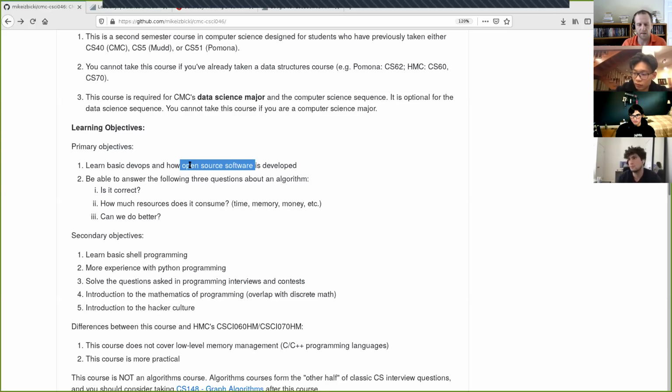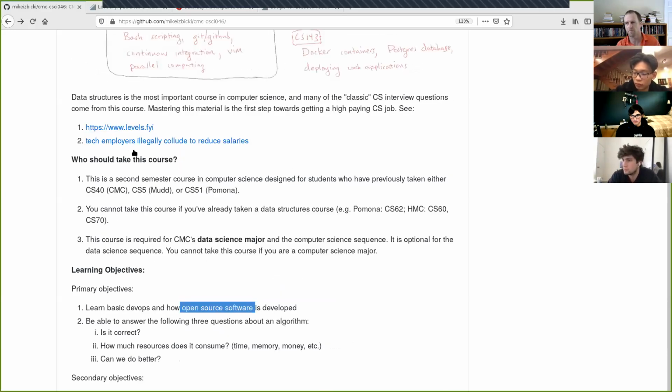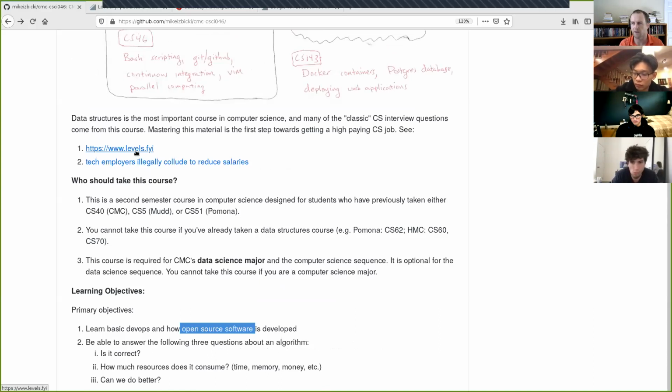But the other part is that all of these jobs, where you're making a lot of money, $188,000 a year as a starting salary, one of the ways that you get hired at these jobs is you have open source software that companies can look at and say, hey, I know this person can complete the tasks that I want them to because they've already done it in their open source code. And so by structuring this course around open source software, my hope and my experience from past students is that this gives you a leg up in these interviews to get the good jobs at these companies.